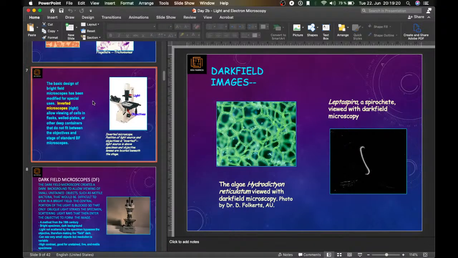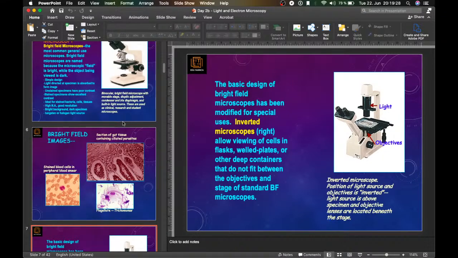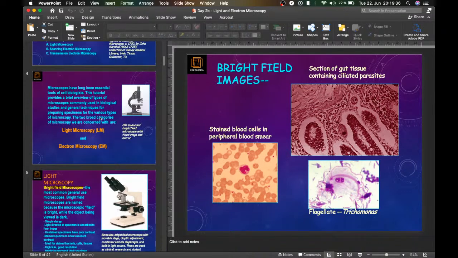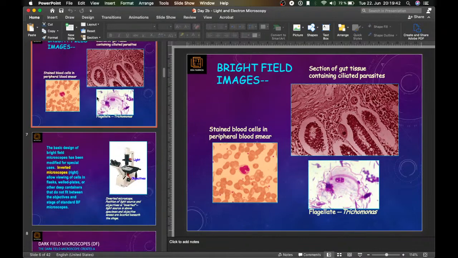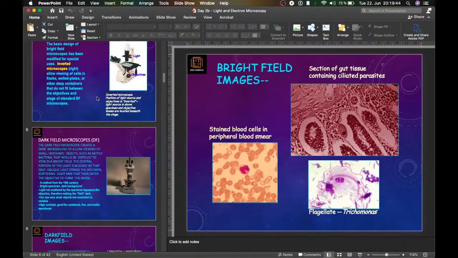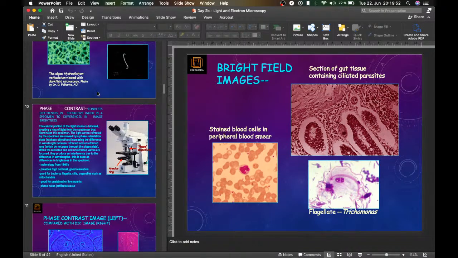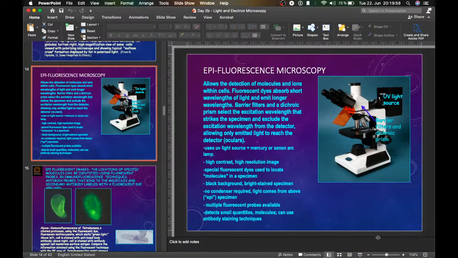Then the inverted light microscope and bright field microscope, where the light comes from the top and the objective is at the bottom, with a bright light in the background. We also discussed basic concepts of how an ethical researcher should work. So that was the recap.